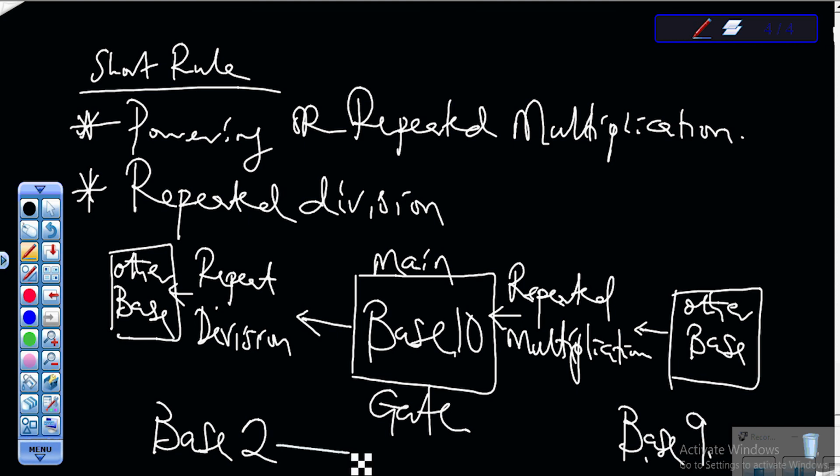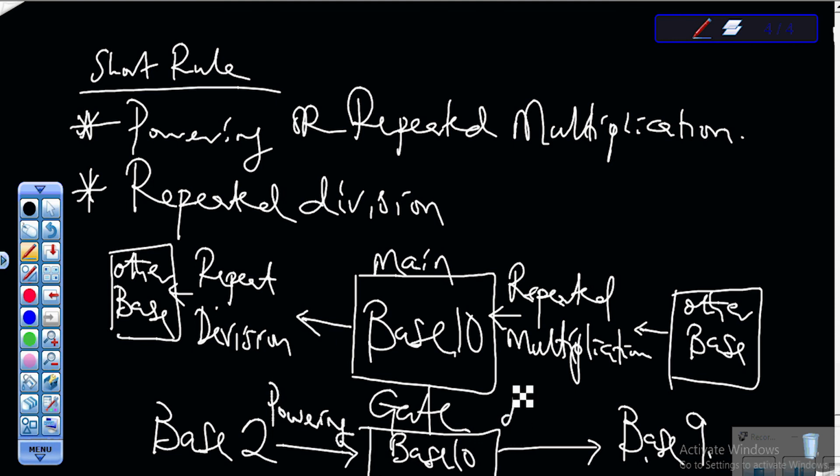You have to get to base 10 first before you go to base 9. You go from base 2 to base 10 using the powering method, or repeated multiplication, and you go to base 9 by using repeated division.